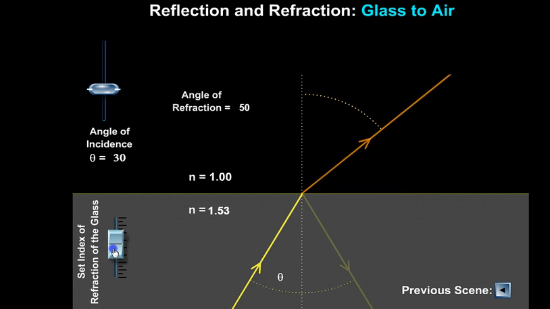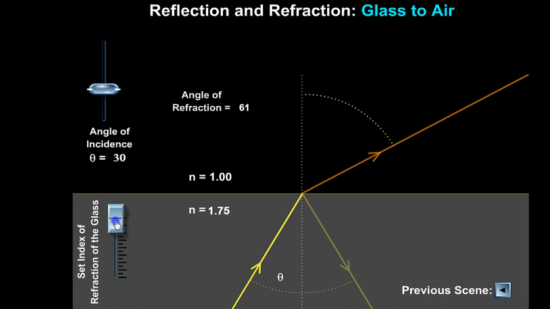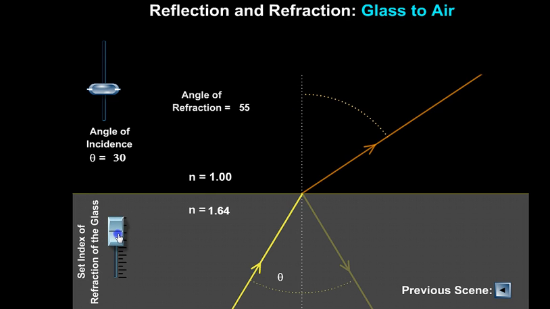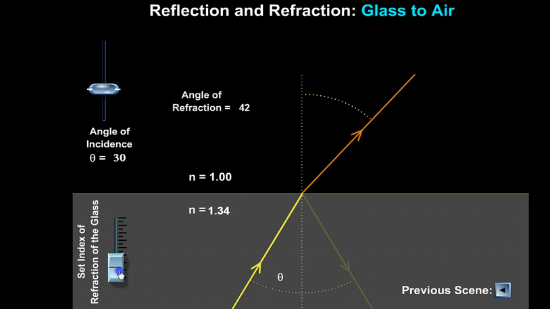If I make the index of refraction bigger and bigger, max it out here, you can see I get more bending occurring. As the indices of refraction of the two substances approach the same values, eventually that line will basically not refract at all. But right now it's still bending because it's 1.25.